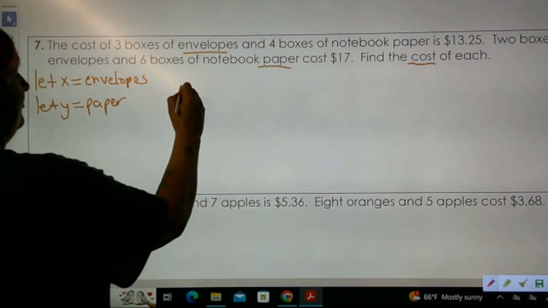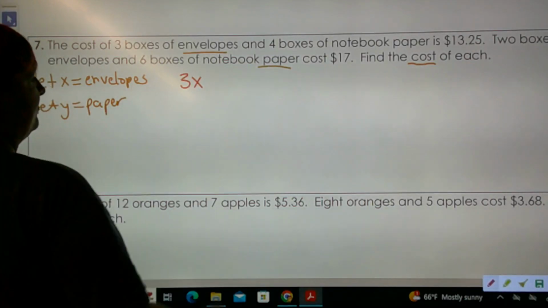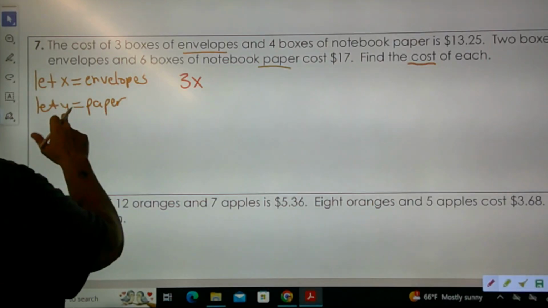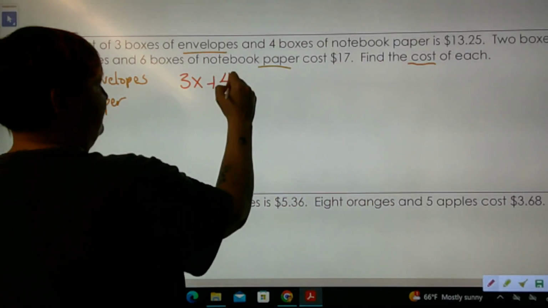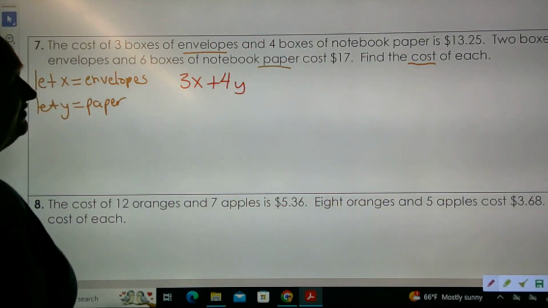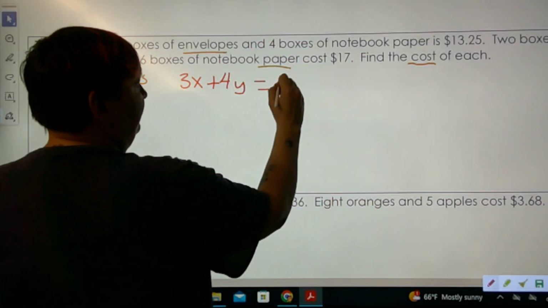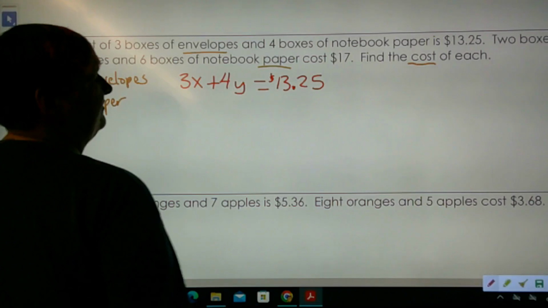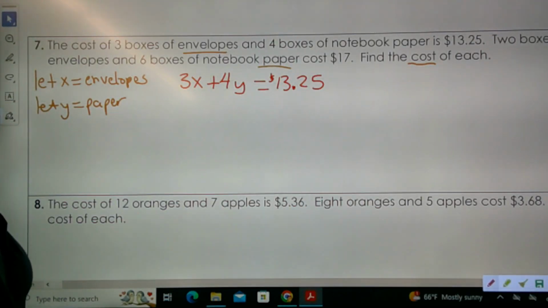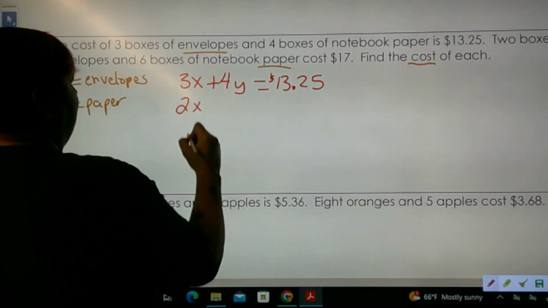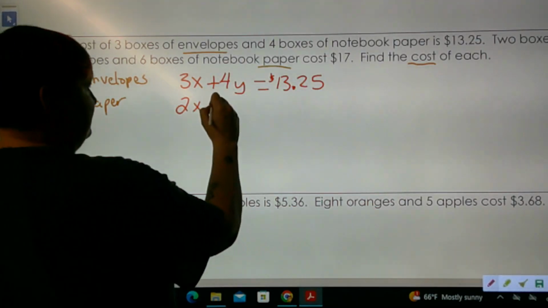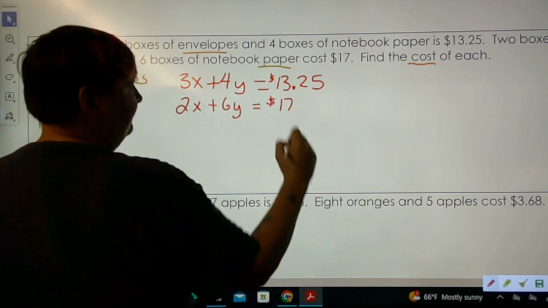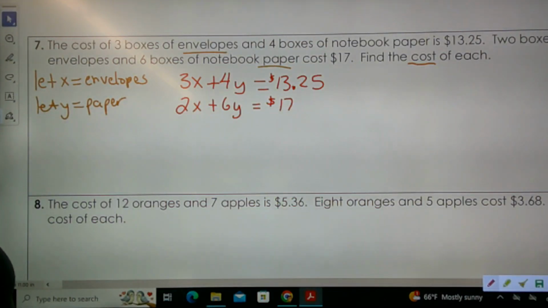So the cost of 3 boxes of envelopes, 3x, and 4 boxes of notebook paper, 4y, equals $13.25. 2 boxes of envelopes and 6 boxes of paper equals $17. Find the cost of each.